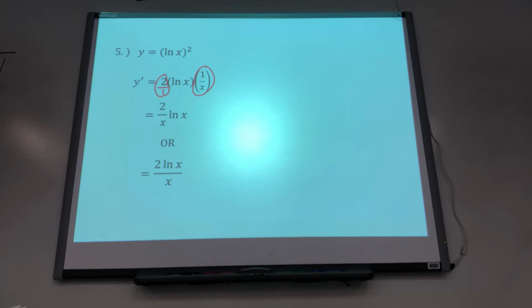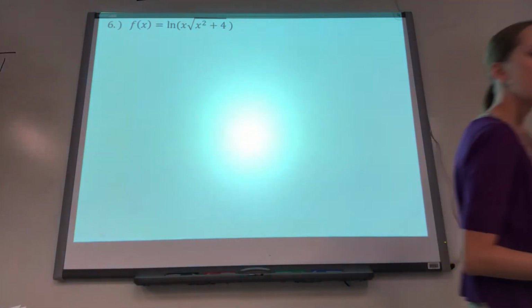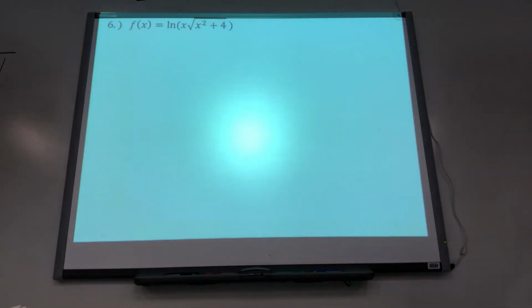Okie doke. Moving here. Number 6, almost cut it off, but it's barely there. Number 6 says f of x equals the natural log of the quantity x times the square root of x squared plus 4.